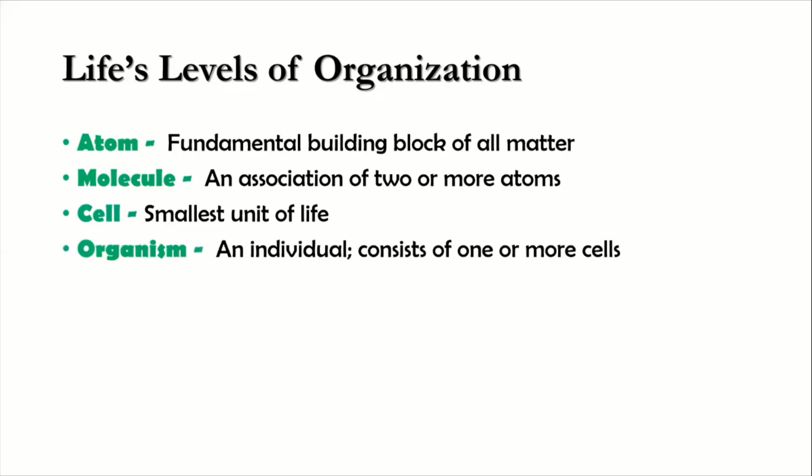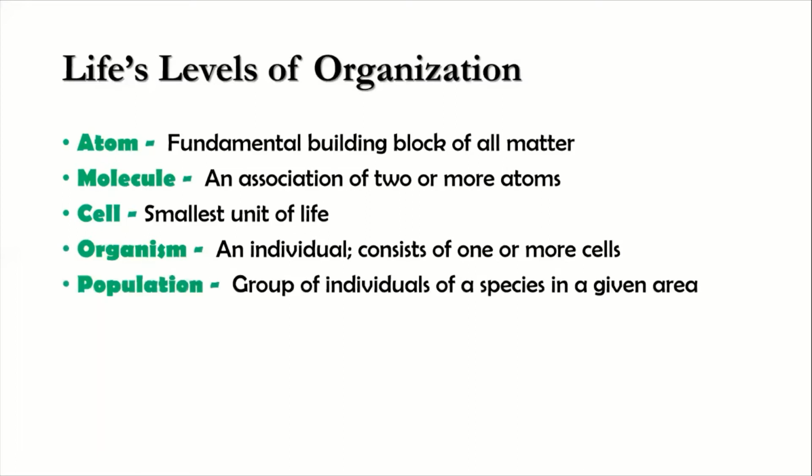So next, when you put the cells together, you would form your tissues, which would later on form organs. And when you put your organs together, it would have an organ system. And once you have the different organ systems, you would have an organism. Okay? So an organism is an individual which consists of one or more cells.